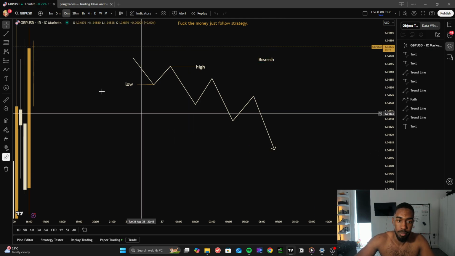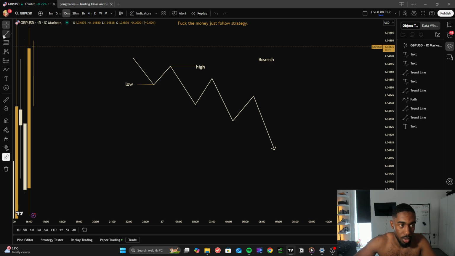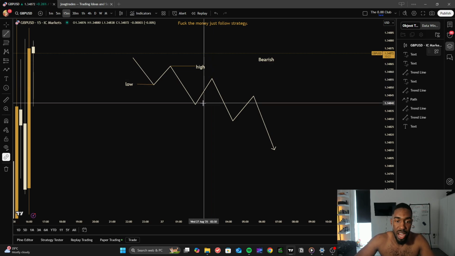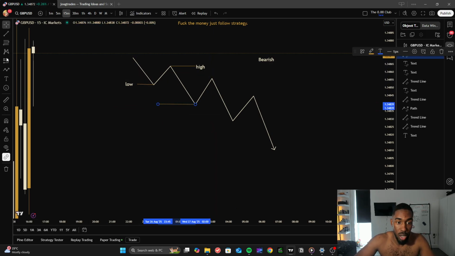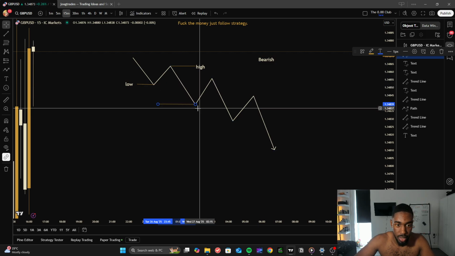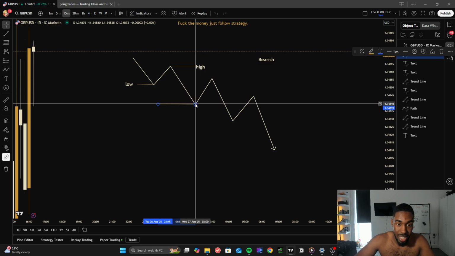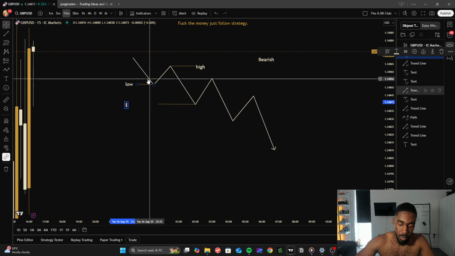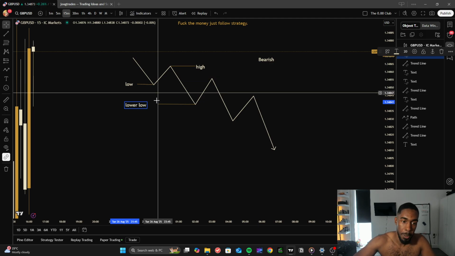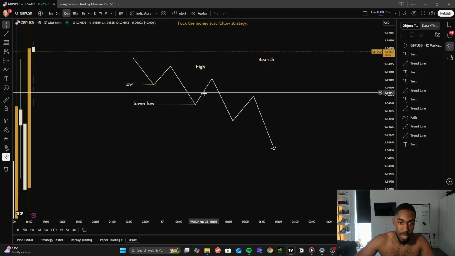Cool. And then for identifying when we are bearish, we have lower lows. So down and up, this is a low, but this low is lower than this one. So this is a lower low. And lower highs, up and down.